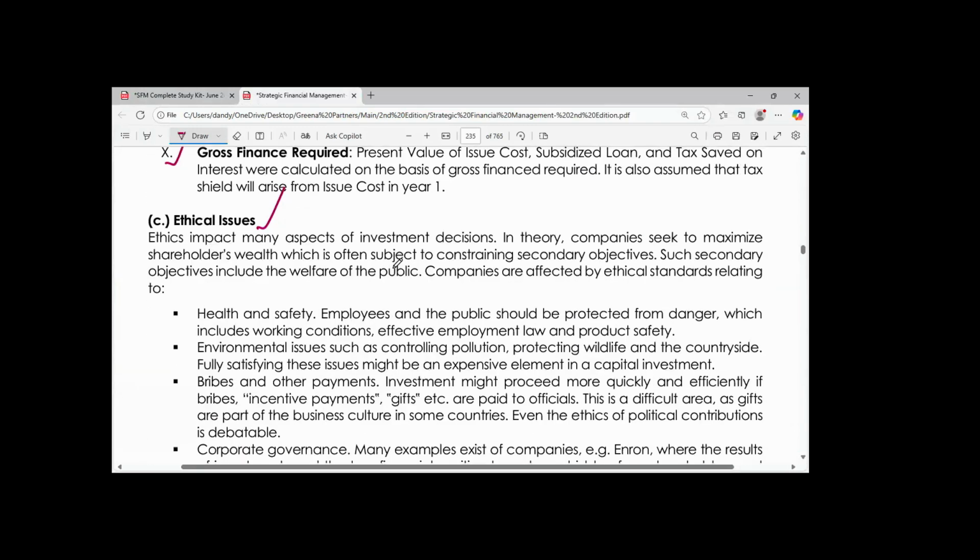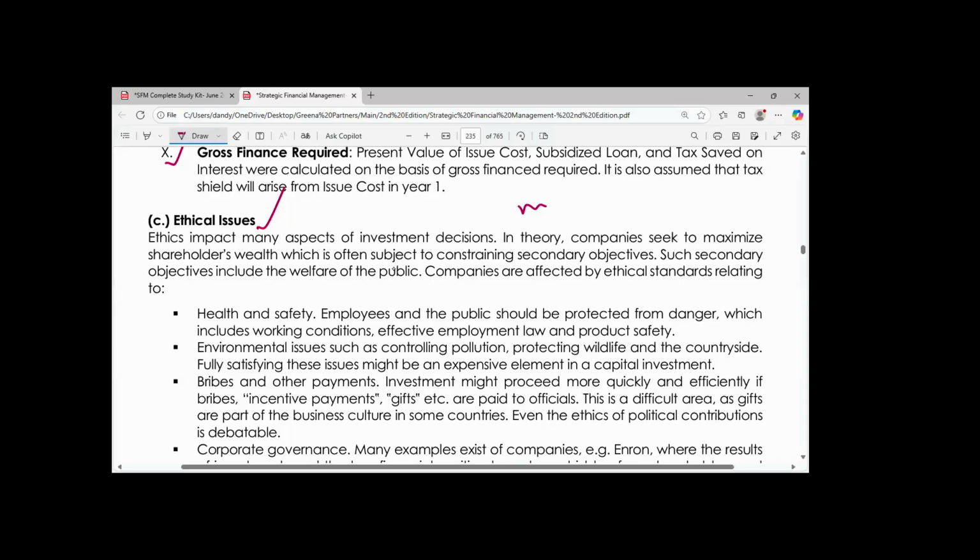The ethics impact many aspects of investing decision. In theory, a company may seek to maximize shareholders' wealth, which is often subject to constraining secondary objectives, because the primary purpose of every organization is to maximize the owner's equity value.